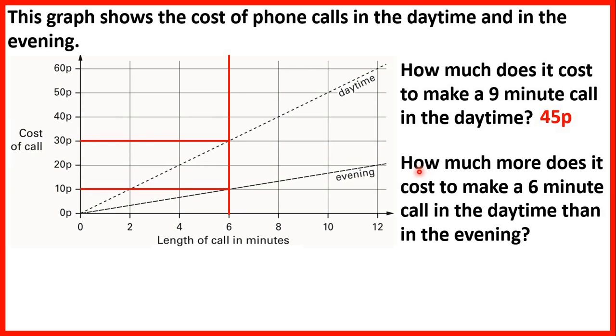Now the question asks how much more, so how much more is 30p than 10p? To find how much more, we're finding the difference, so we need to subtract, and 30 minus 10 is 20, so it costs 20 pence more.